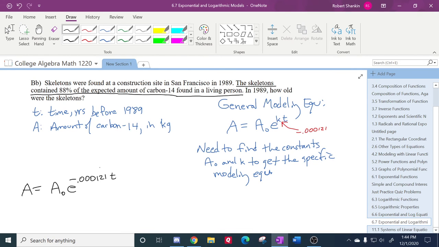When you have any ideas, type it into your group chat, and I'm going to call on a group in a minute. How do we plug that into this equation when we know all this stuff? I'll give you a little bit of time to think that over and communicate with each other.